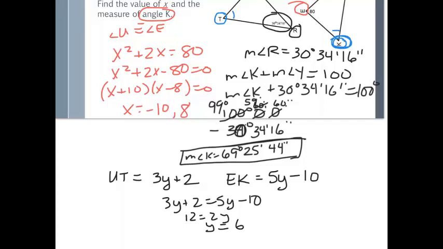Okay, so the value of y is 6. I could have then further asked you for the length of one of the sides, and you could substitute it in and find out that the side length is actually 20. UT is equal to EK, which is equal to 20. Okay, so that's another way we can use corresponding parts in a more algebraic-like problem. And we'll do more of those tomorrow in class.